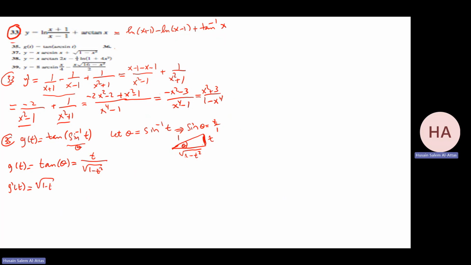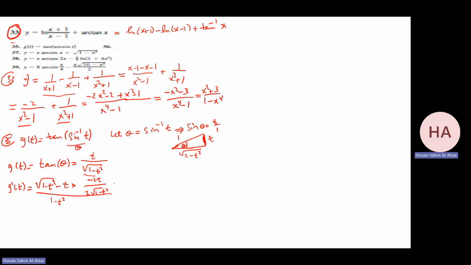Derivative of the numerator, which is 1 times the denominator, minus t times, now derivative of this, which is 1 over 2 root 1 minus t squared, derivative of minus t squared, which is minus 2t, all of this over the denominator square, which is 1 minus t squared.